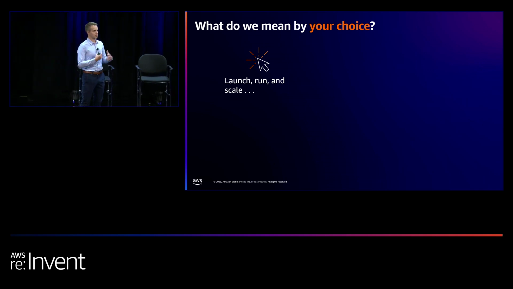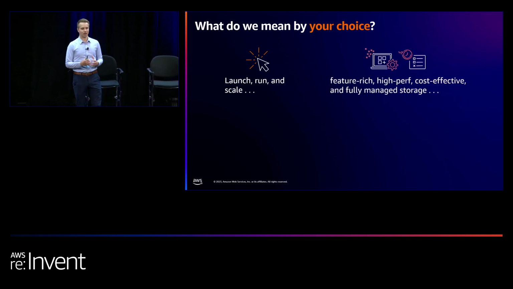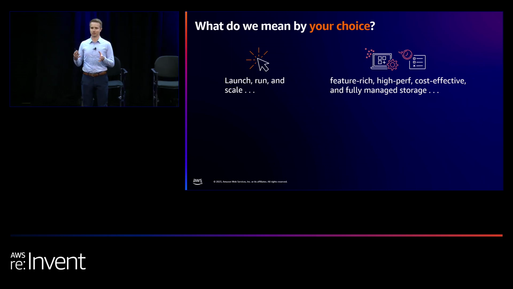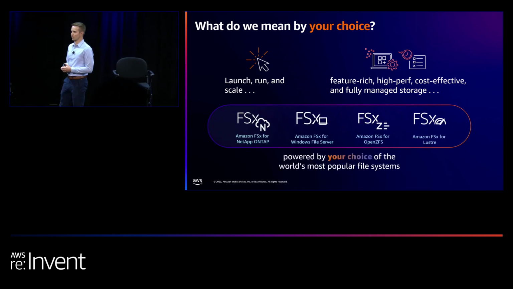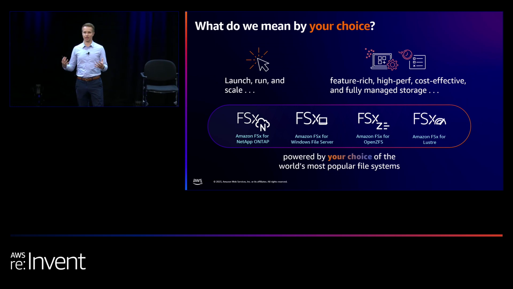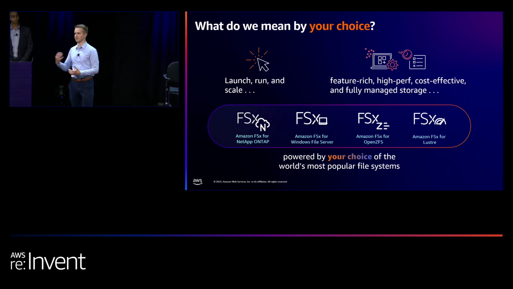So with FSx, the high-level product model of this family of services is that we enable customers to launch, run, and scale fully featured, high-performance, and cost-effective storage that's powered by some of the world's most popular file system technologies. We offer 4 file systems today under the Amazon FSx umbrella, powered by NetApp ONTAP, Windows File Server, OpenZFS, and Lustre.